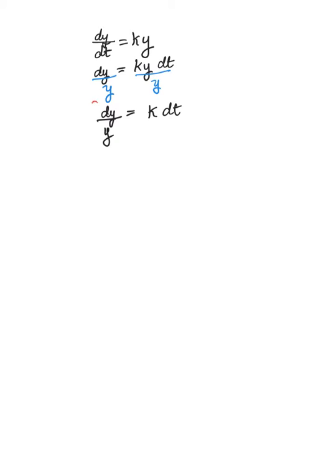Now we integrate each side with respect to that variable. On the left side, we get ln of absolute y equals kt, because the integral of a constant with respect to t would be that constant times t. And we always put the plus c on the x or t side.